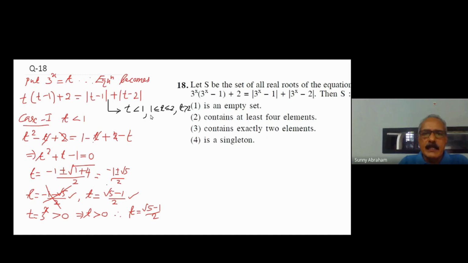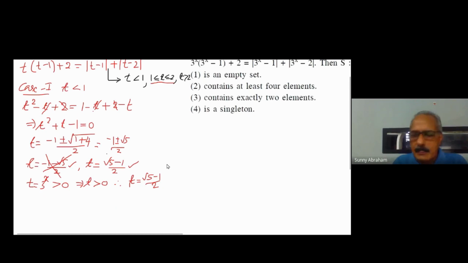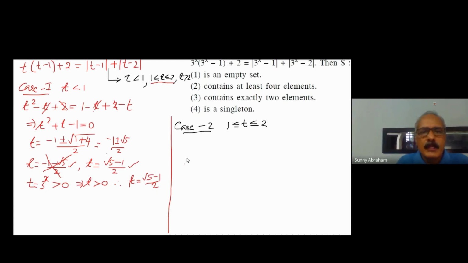What is the next case? 1 less than or equal to t less than or equal to 2. In this case, the equation becomes t² − t + 2 equals, if t is bigger than 1, the first term is positive and the second term is negative.